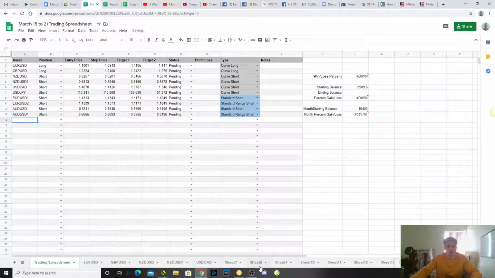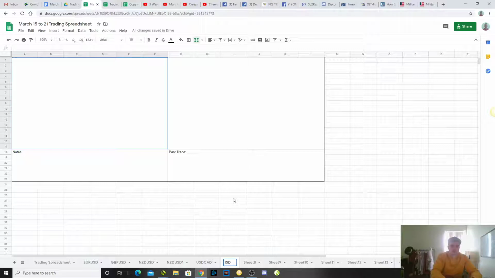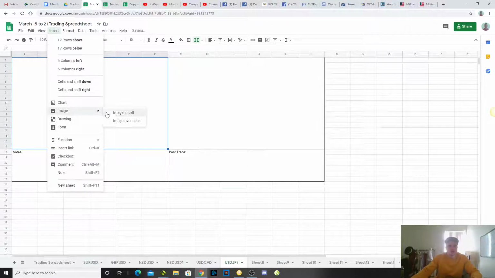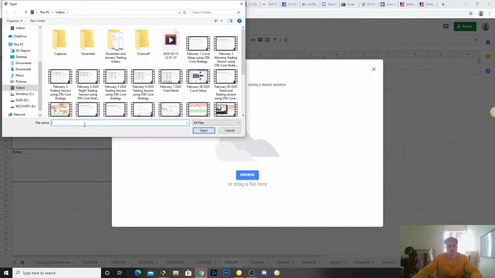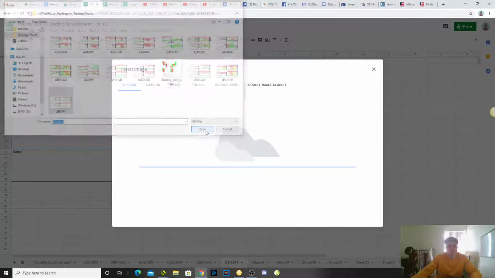Standard range short. So I just have to put these trades in.